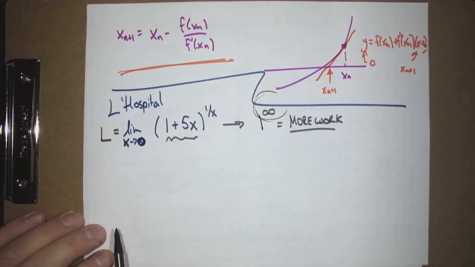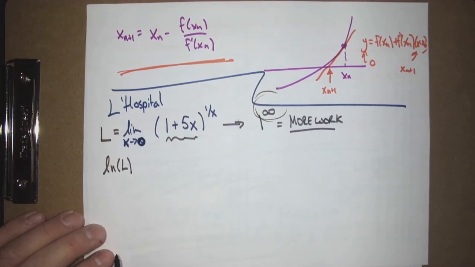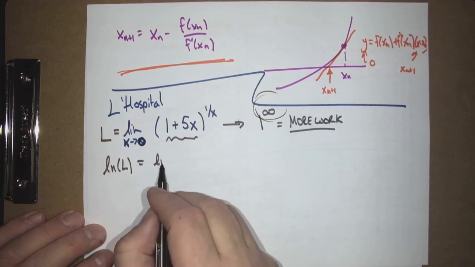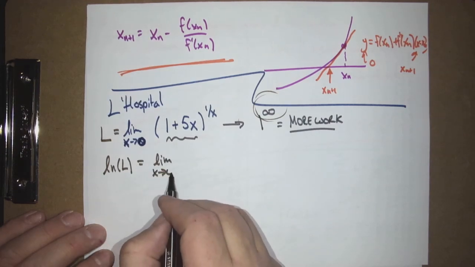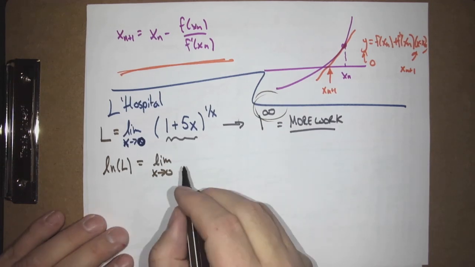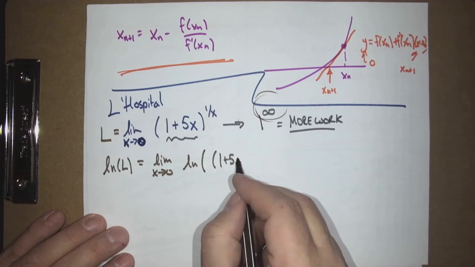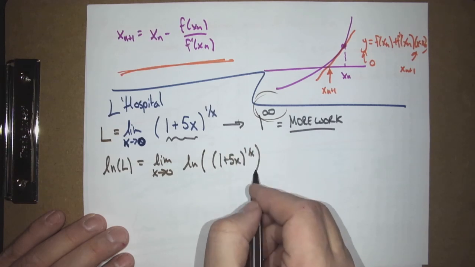Okay, so here's our idea. We're going to call our answer L. And say we're not after our answer, we're going to take the log of our answer. And the great thing about logs, being a continuous function, is we can push it through the limit. So this becomes the log of 1 plus 5x to the 1 over x power.